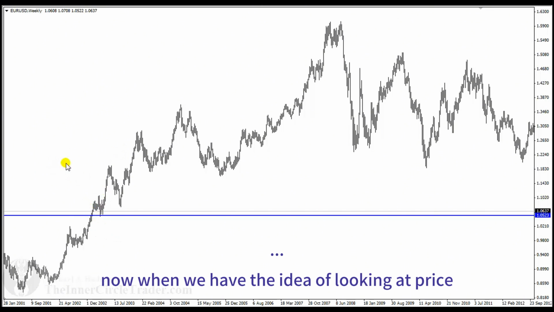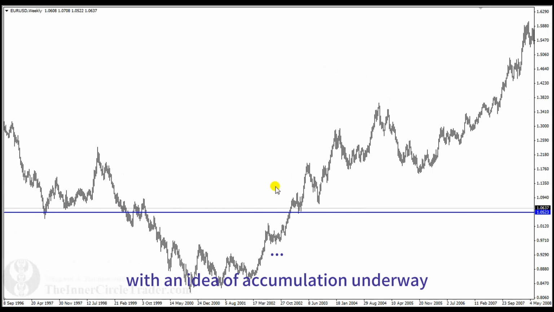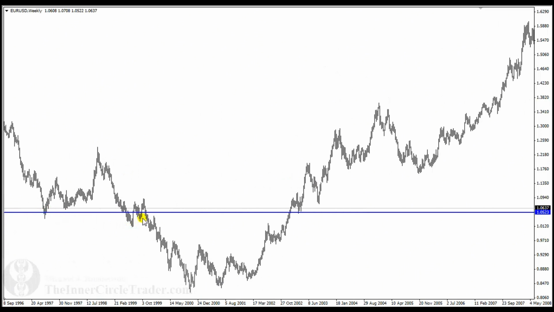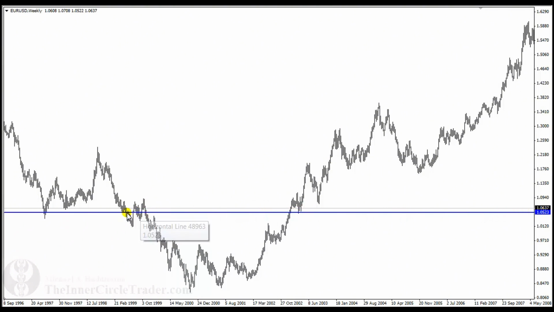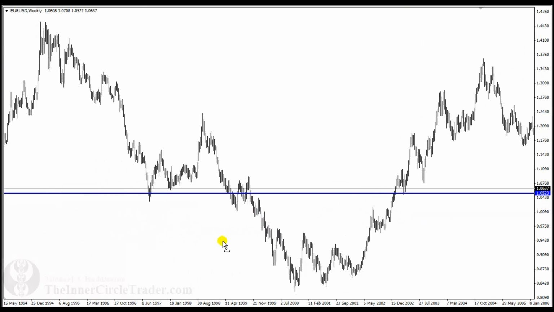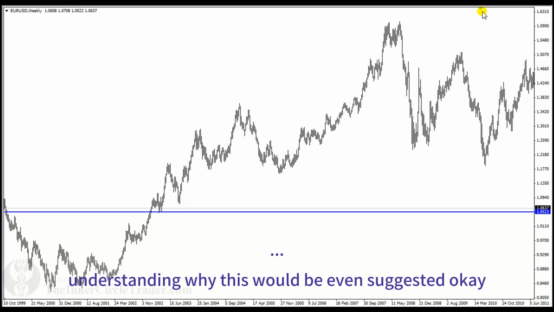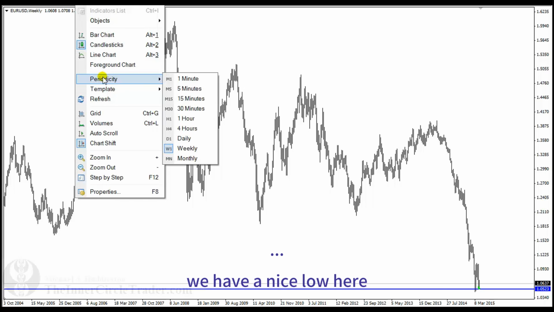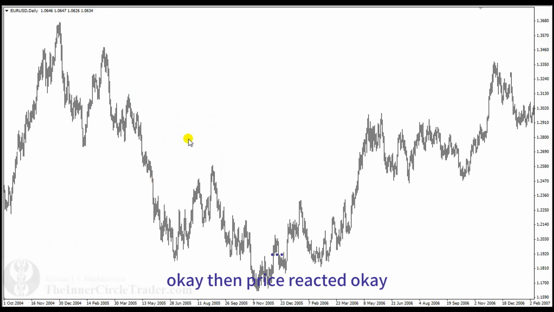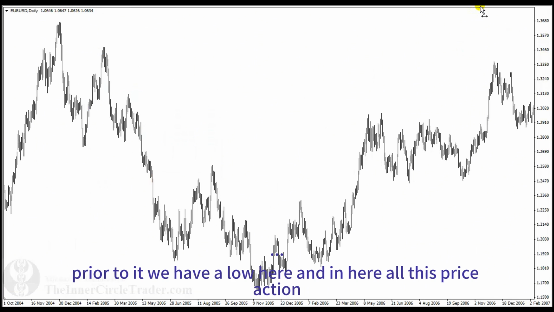Prior to it, we have a low here, and then here, all this price action. This is an area to anticipate institutional interest in the fiber. Okay, going back to a daily, and we're going to zoom in.